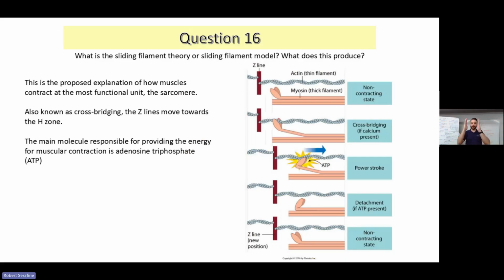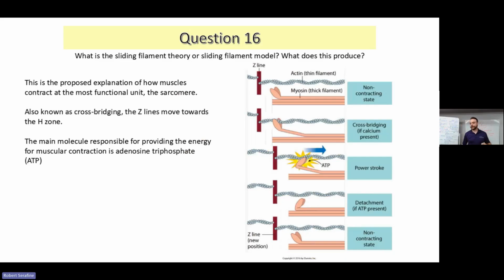Those Z lines then move to the center, and if those Z lines move to the center, now the sarcomere is shorter. You amplify that along the entire chain of sarcomeres, and you have a pretty lengthy muscular contraction, or shortening of the muscle.